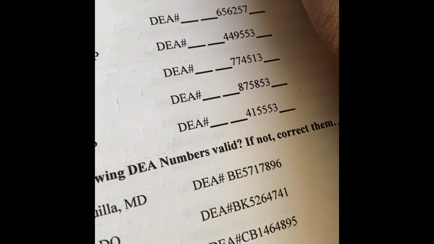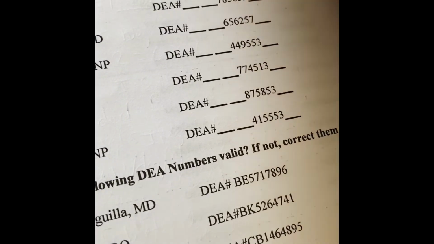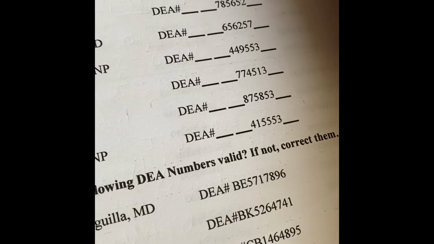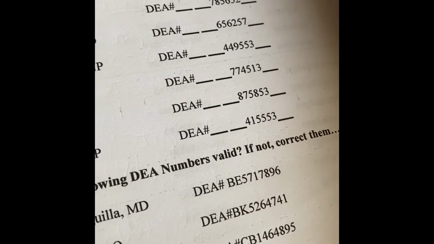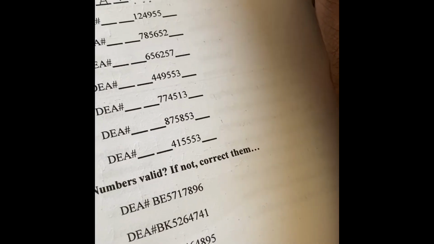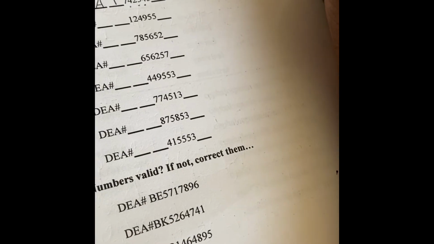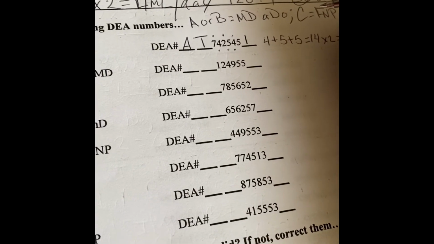So it's going to be 4 plus 5 plus 5 equals 14. And then you're going to multiply it by 2, which equals 28, right? And then you add that to 7 plus 2 plus 4, which equals 41. And the last number is what you're going to put at the end. And that's how the number should look.